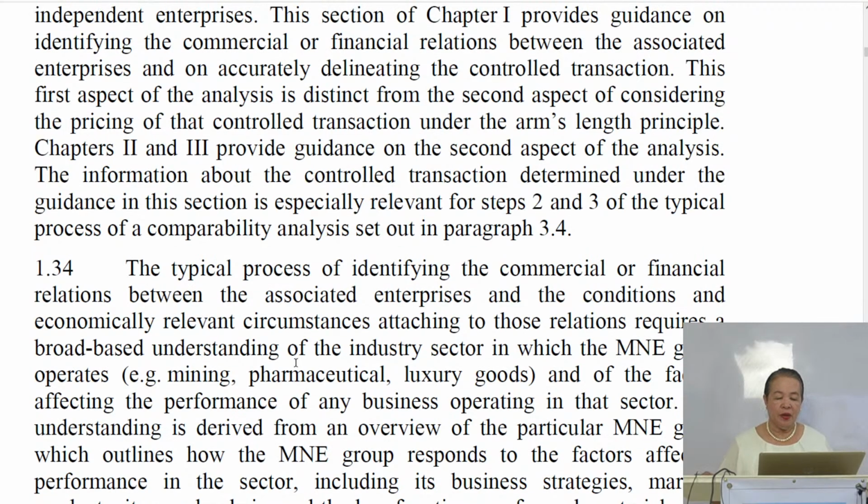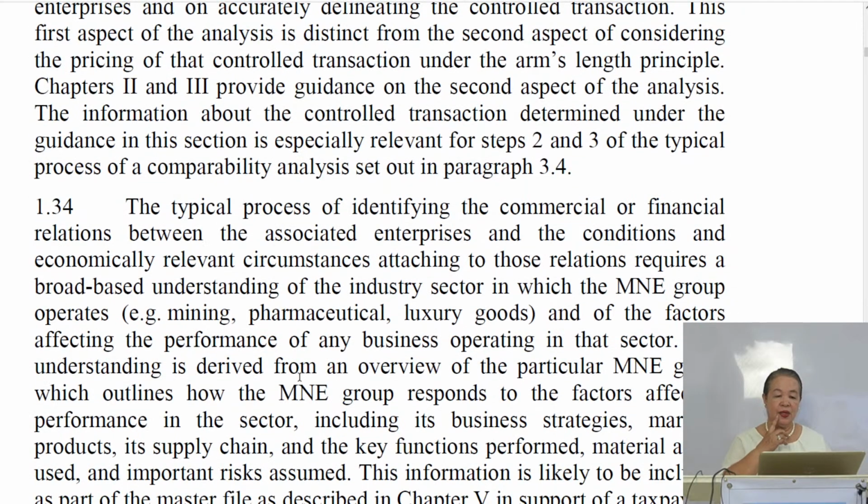The typical process dito sa transfer pricing guidelines ng OECD, sa transfer pricing guidelines naman na ginawa ng Pilipinas, yung Revenue Regulations 2-2013 natin, there are only 3 steps, no? Kinlaster lang nila yung mga steps. Pero sa OECD, mas marami yung steps, no?